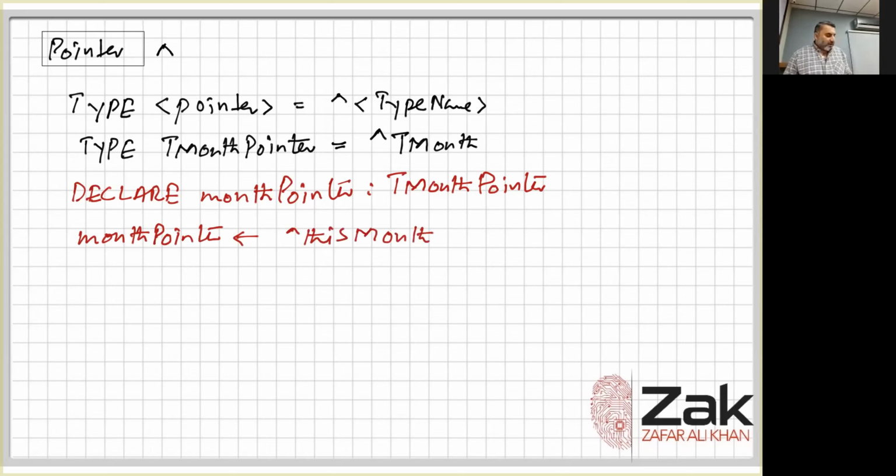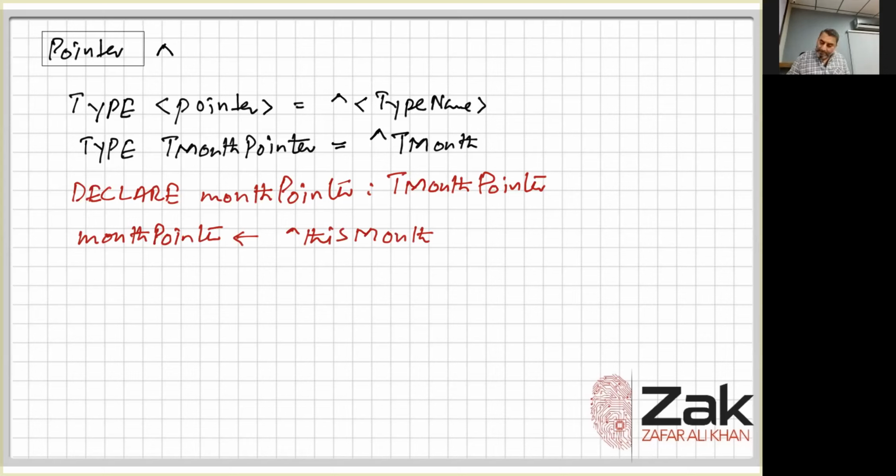If the contents of the memory location are required rather than the address of the memory location, then the pointer can be dereferenced. For example, my month can be set like this.